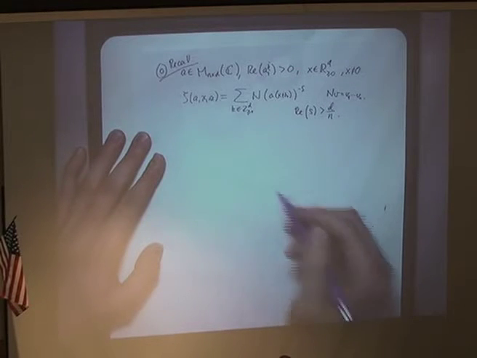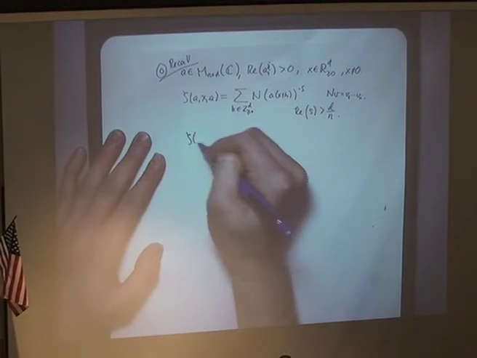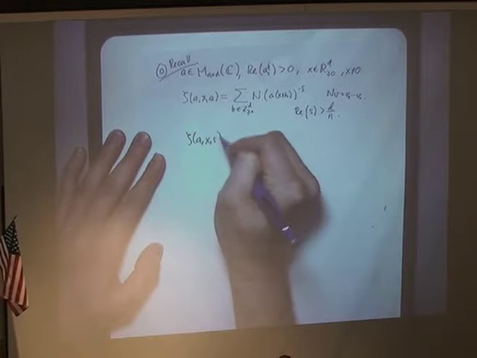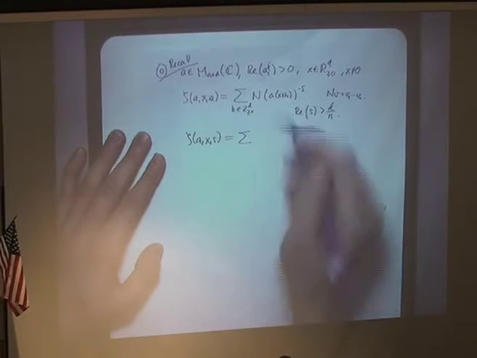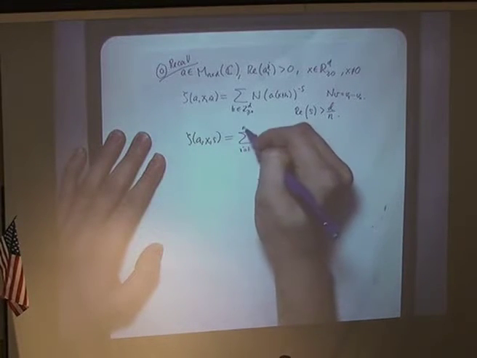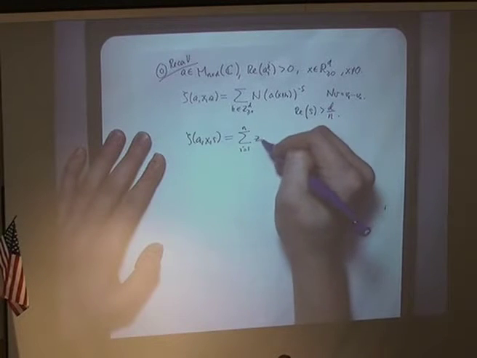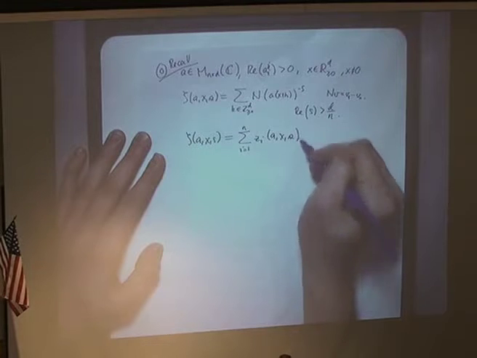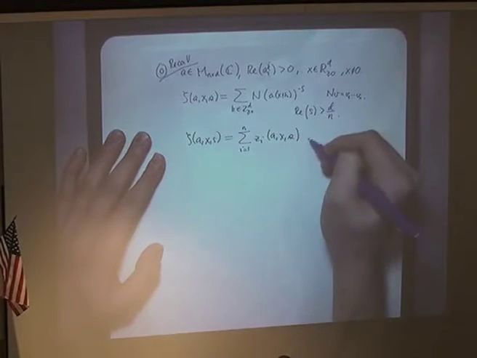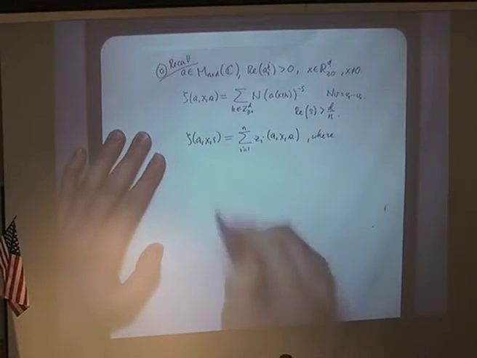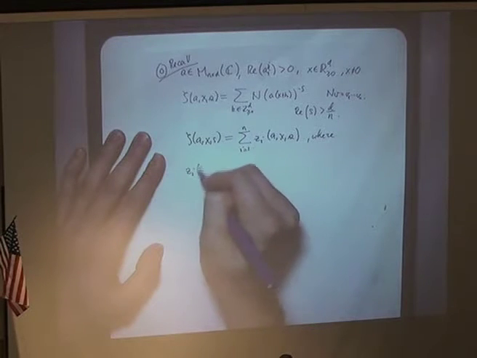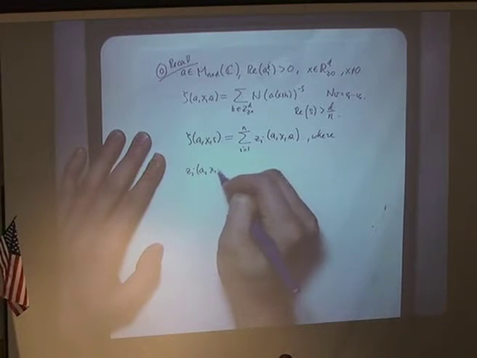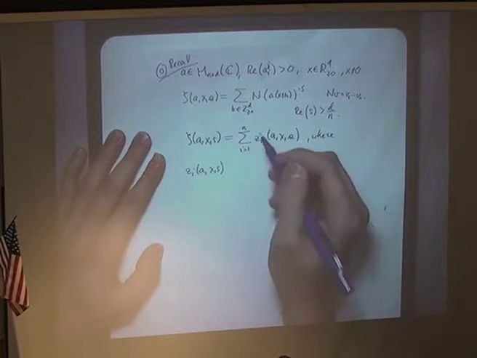So what we had was that zeta of A, x, s is the sum of n pieces, one corresponding to each of our coordinates, and I called each piece zeta i of A, x, s, where I was able to express each of these pieces, zeta i of A, x, s, as a contour integral.